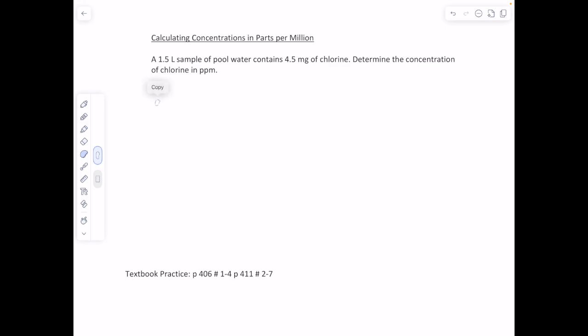To find the concentration in parts per million, we need the mass of the solute divided by the mass of the solution times 10 to the power of 6. The mass of the solute is 4.5 milligrams. And we need the mass of 1.5 liters of water.